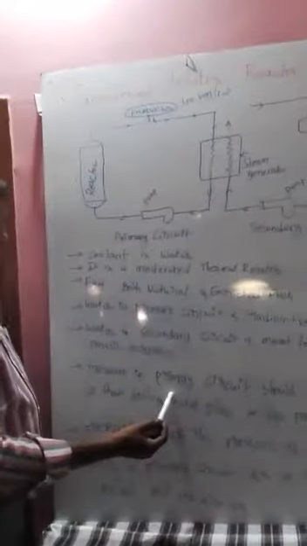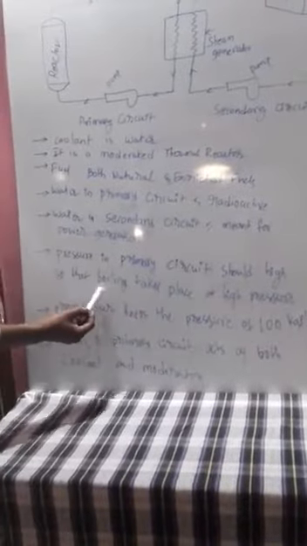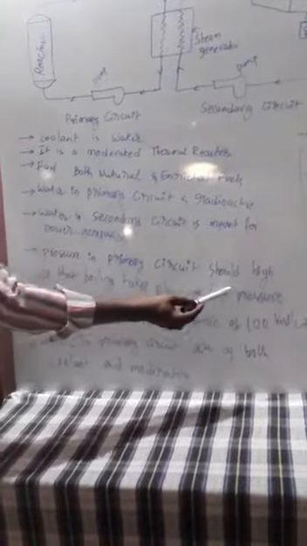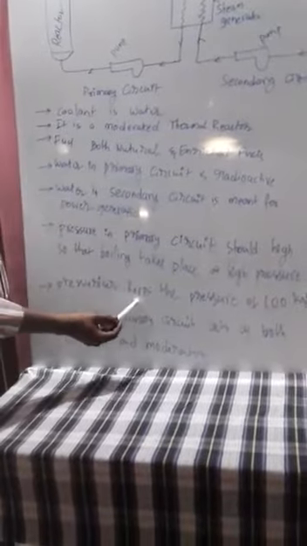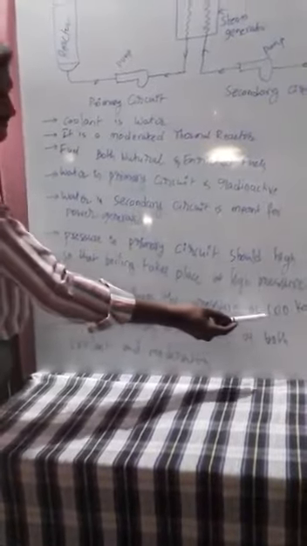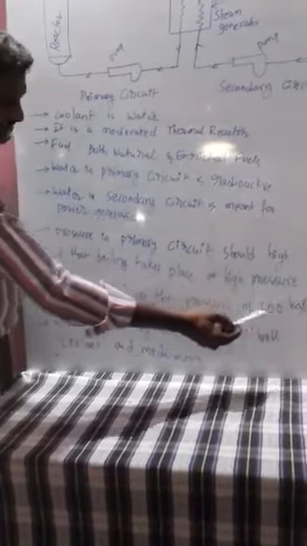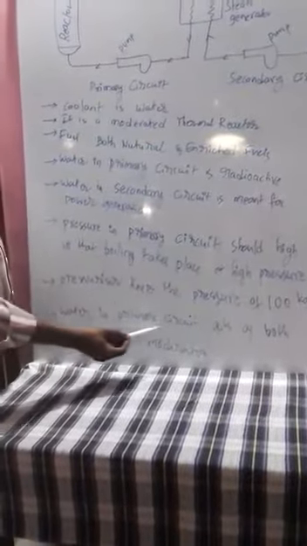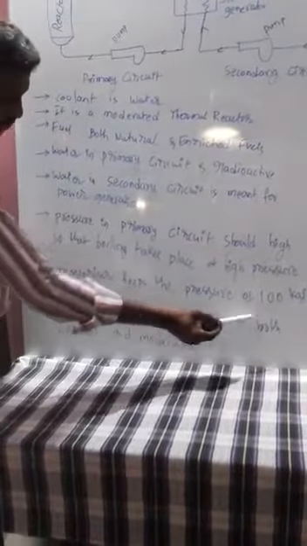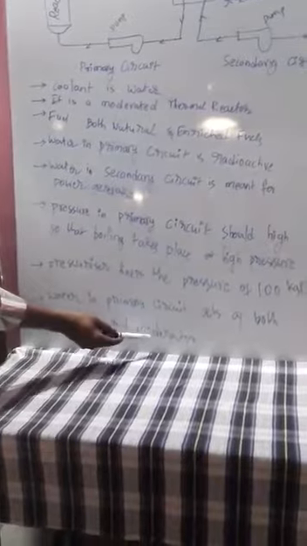Pressure in the primary circuit should be very high so that boiling takes place at a high pressure, and the pressurizer keeps the pressure at 100 kgf per centimeter square. Water in the primary circuit acts as both coolant as well as moderator. By using this pressurized water reactor, we can generate only moderate steam.